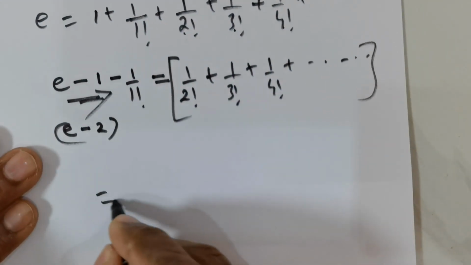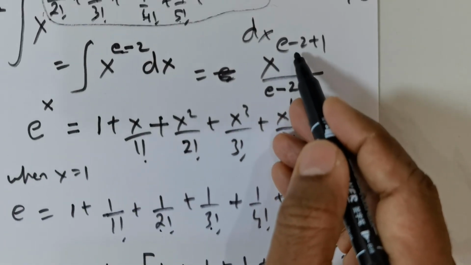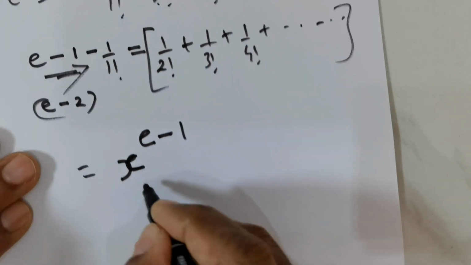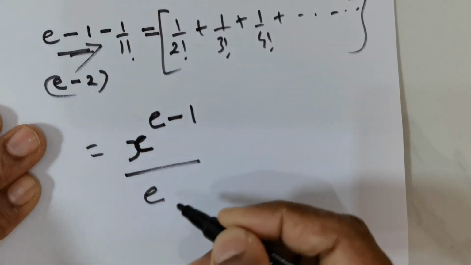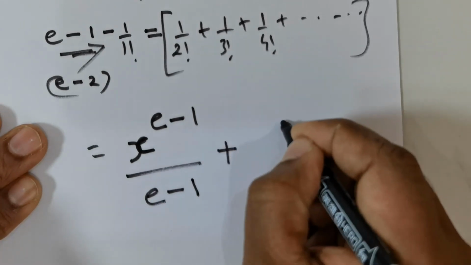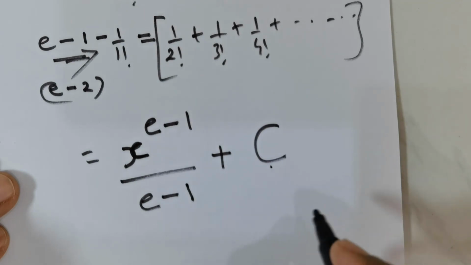So this is equal to x raised to the power of e minus 1 divided by e minus 1 plus arbitrary constant c. If you don't place this, the solution is not complete.